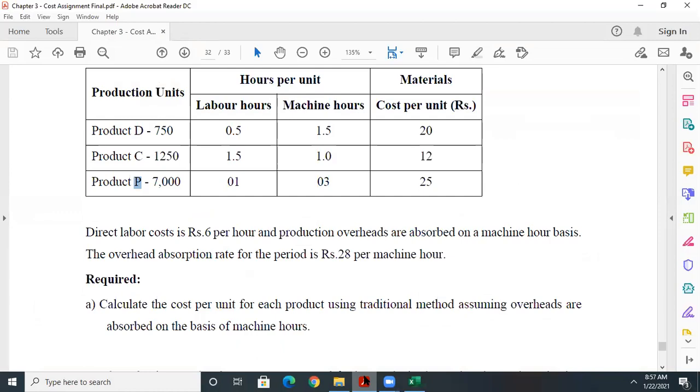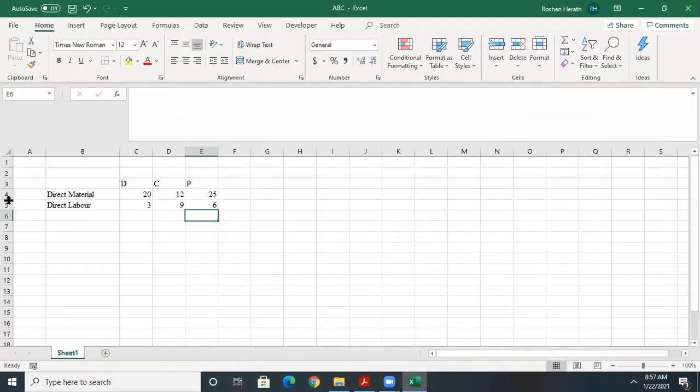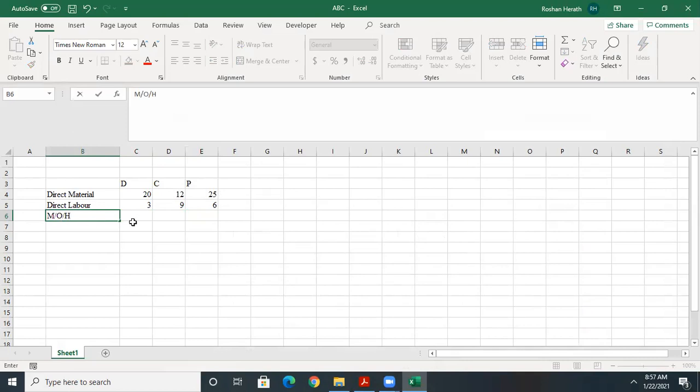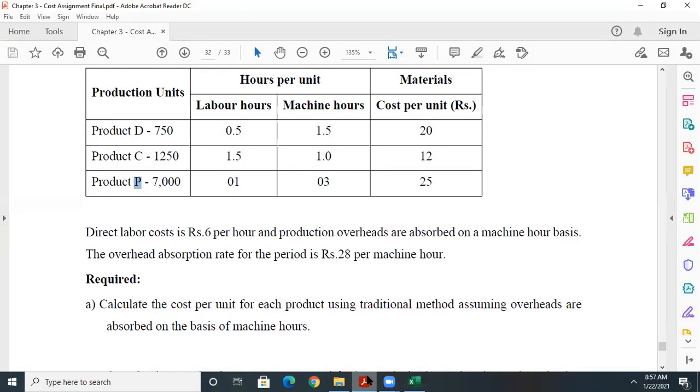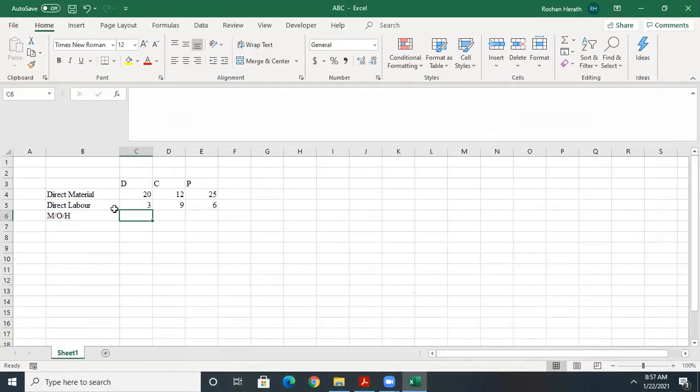Now it's time to identify the manufacturing overhead cost. There it says that it is based on the machine hour basis. The OAR is 28. The machine hours are 1.5, so 1.5 into 28. It's 1 into 28.